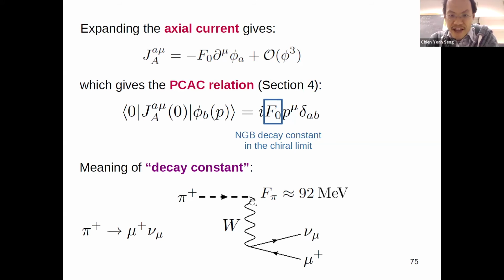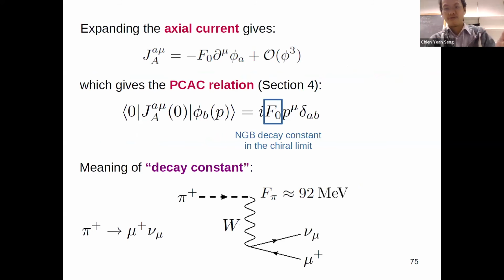So the strength of this fluctuation is controlled by the F0 here. Therefore, that's why F0 is called a decay constant, because it will determine the strength of the leptonic decays of the Nambu-Goldstone boson. And therefore, you can determine F0 from the experimental value of the strength of this decay. So F pi here is like 92 MeV.